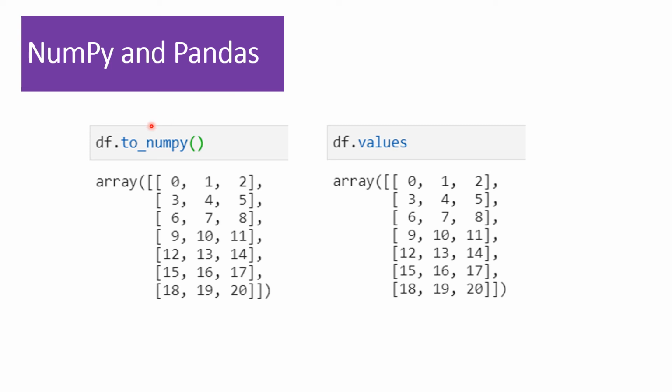I have used the data frame we developed and converted that into a NumPy array using the to_numpy method, or we can use the .values method. Both methods do the same task. This is important because some libraries do not accept Pandas data frames as input to their methods.